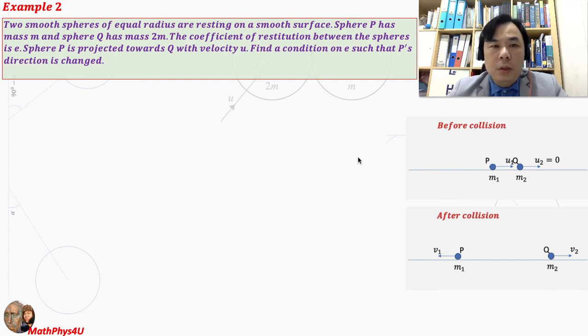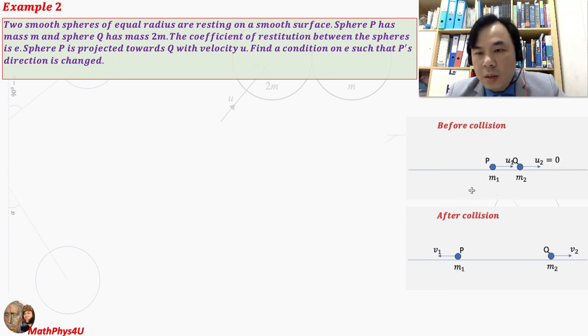Okay, now for this, we're going to label all the information correctly. So M1 is 2M, and then M2, did I get it right? Okay, the first one is M. I think I wrote it down wrongly.